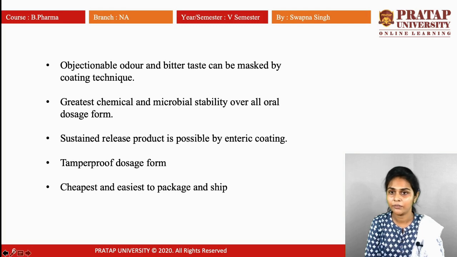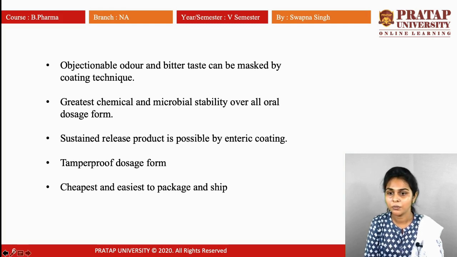As we know, every drug has some objectionable odor and its taste is bitter, but in the oral dosage form there is an advantage. We can mask that objectionable odor and taste by coating technique. We will discuss coating technique later. Next is greatest chemical and microbial stability over all oral dosage forms.